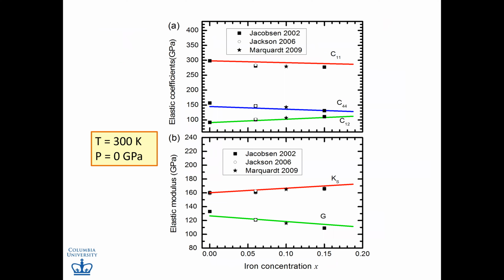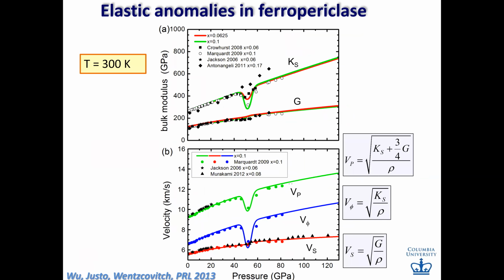So here is what you see. This is 300 K, ambient conditions. The colored lines are our calculations of the bulk and shear modulus and the elastic coefficients of the solid solution with variable composition, and the symbols are experiments, and you can see there is good agreement. Here are our results for the adiabatic bulk modulus and shear modulus as a function of pressure at 300 Kelvin.